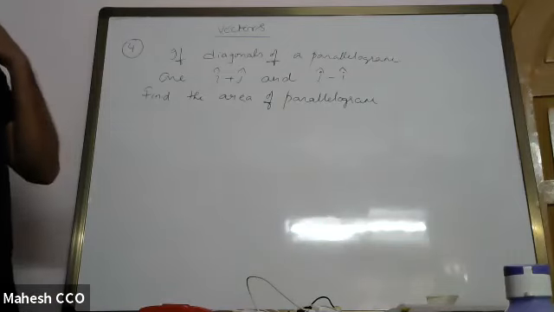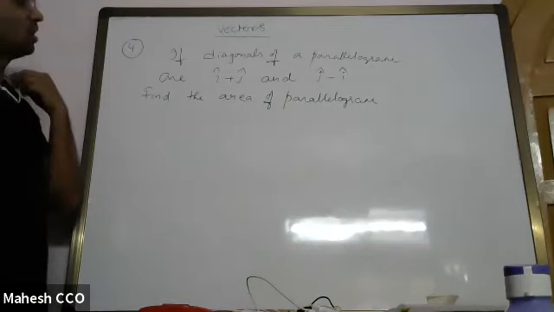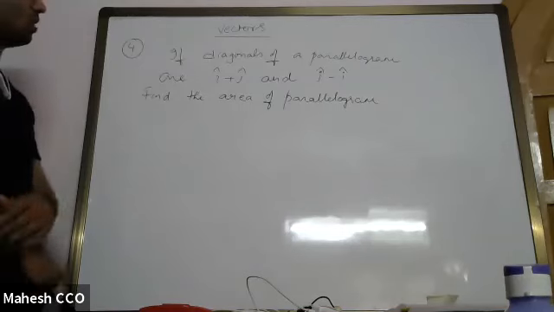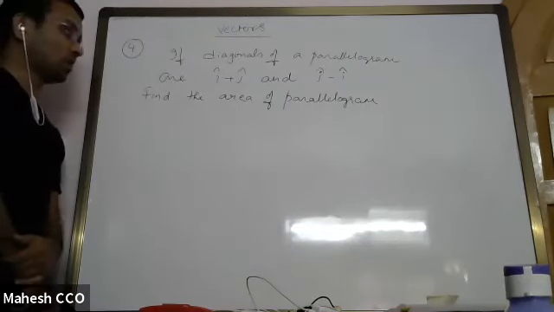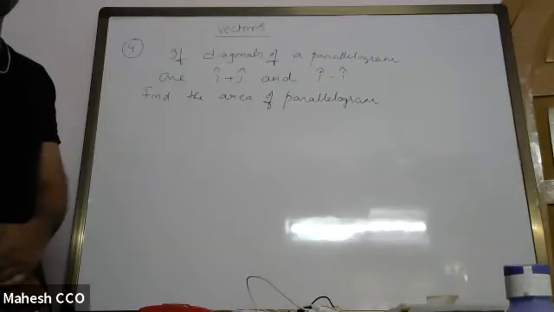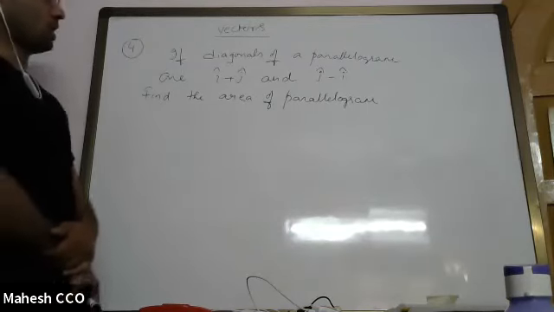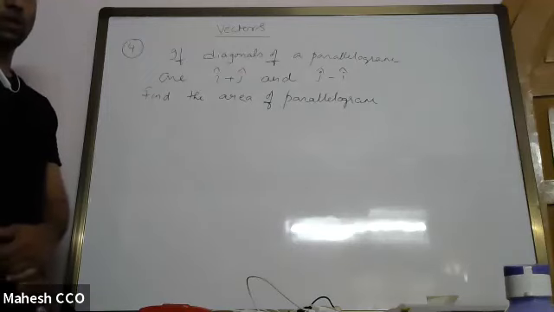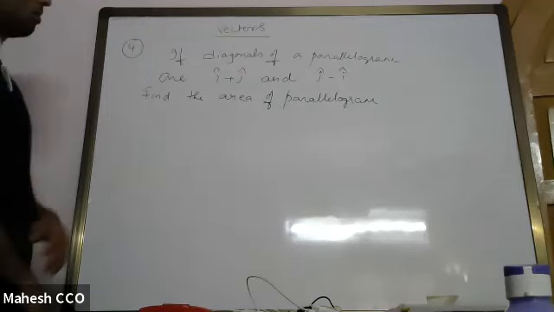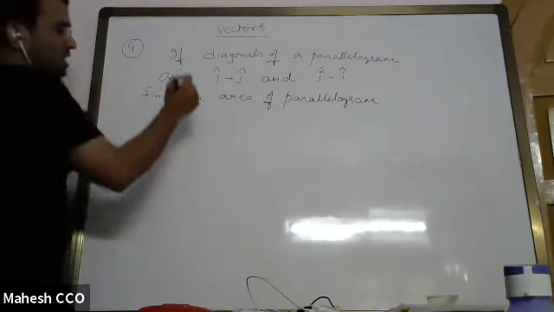If you think properly, it looks fairly simple. Because this is nothing but a square of side 1, so 1 should be the answer. Now the point is, in a parallelogram, what are the diagonals?